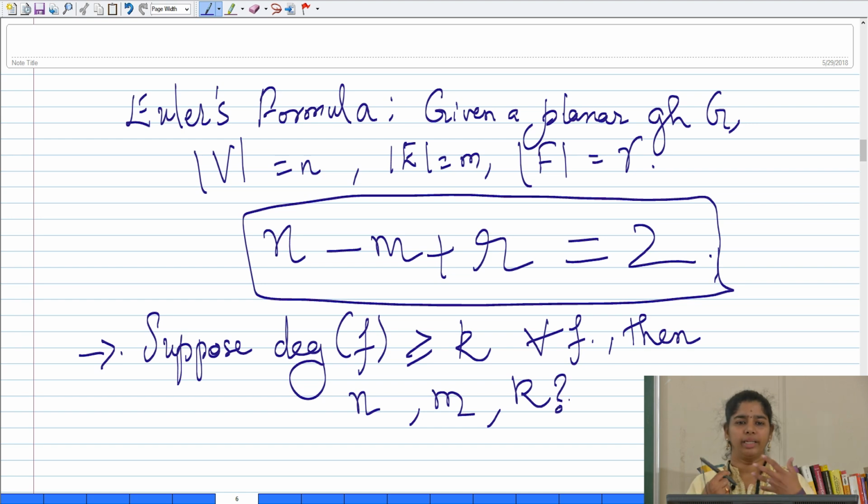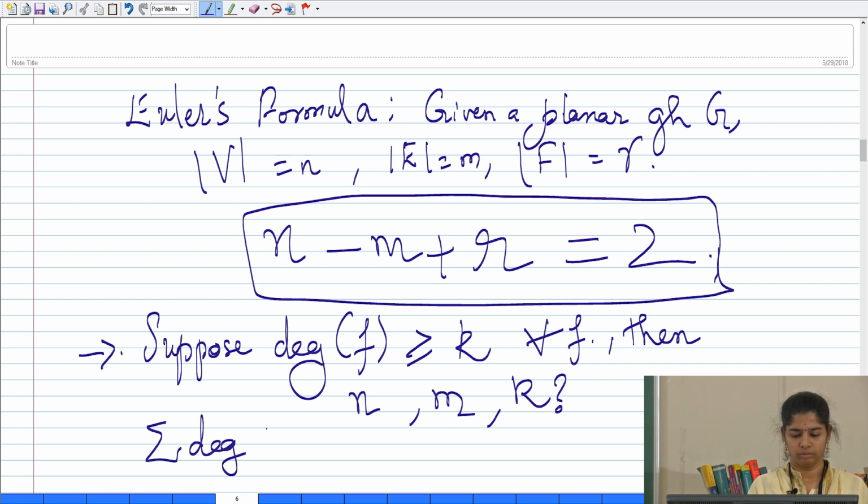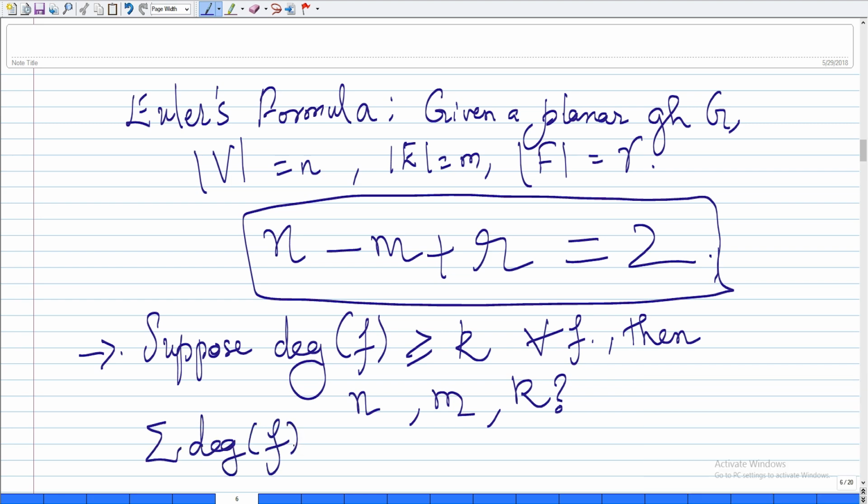The degree of a face is nothing but the number of edges that are sitting as a boundary for it. We also have that the sum of all the degrees of the faces is equal to 2m, and we know the same with respect to vertices: the sum of all the degrees of the vertices is also equal to 2m.